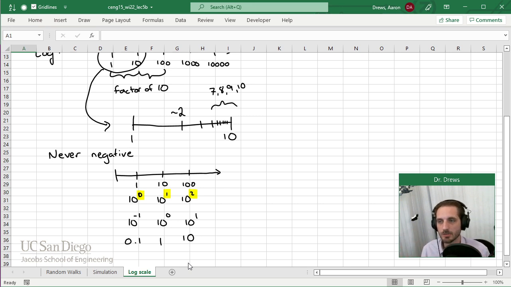But you can't actually go negative on a log plot or a log scale. So that was the source of the error that you saw a few moments ago when I tried to take our plot of our particle and see what it looks like on a log scale. You can't do it because some of those numbers are negative. That's just not defined on a log scale.